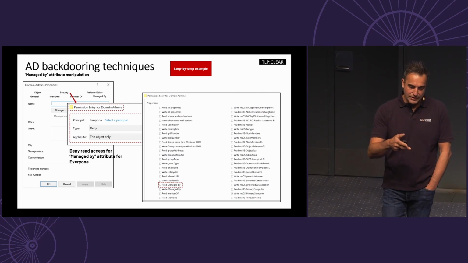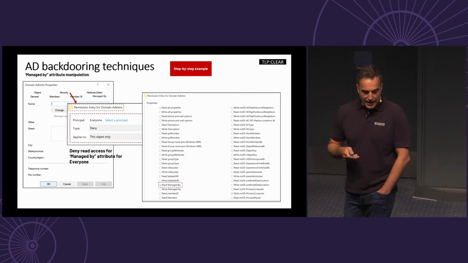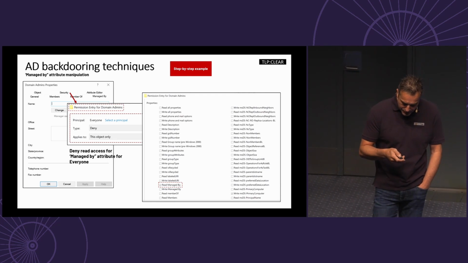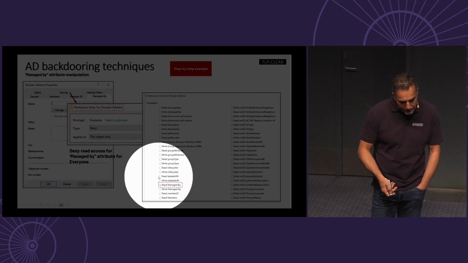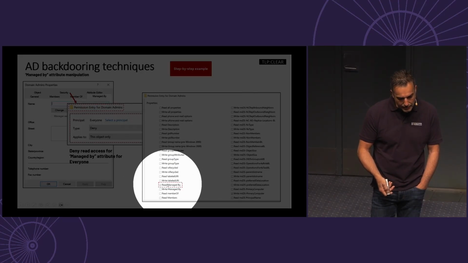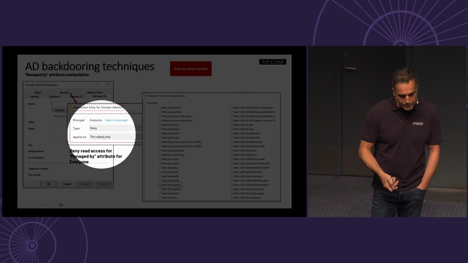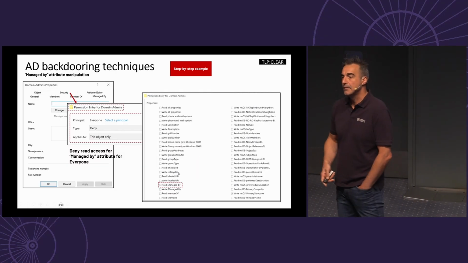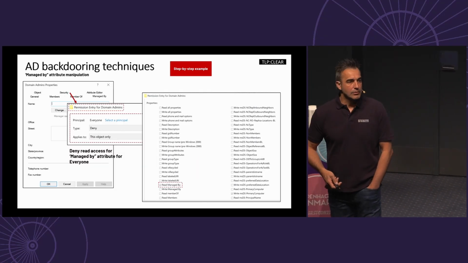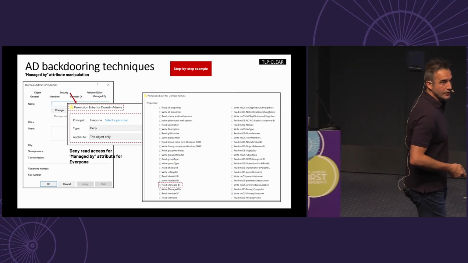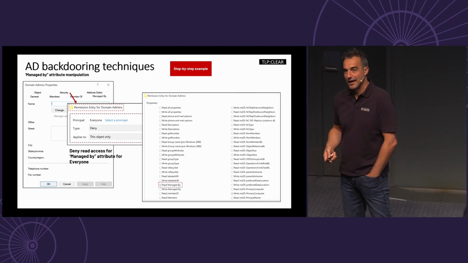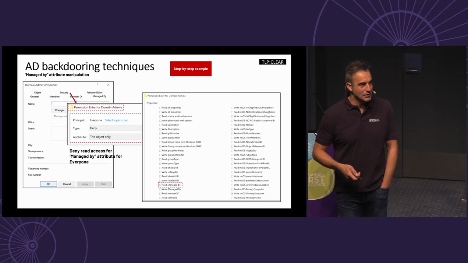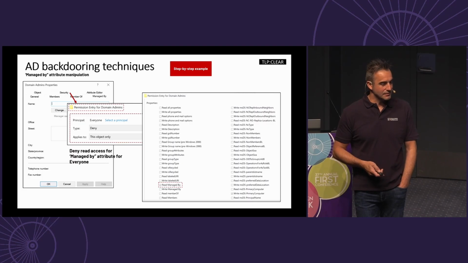So you go in the security tab of this group, and you have a specific attribute there, which is read Managed by. What does it mean if I do a deny on this one? It means nobody will be able to see the value, including administrators, because everyone includes administrators.